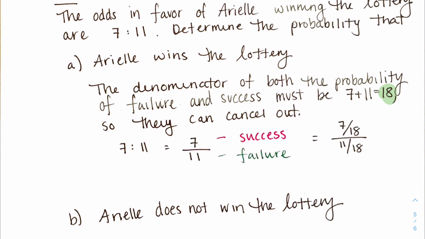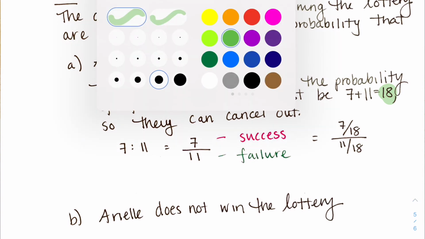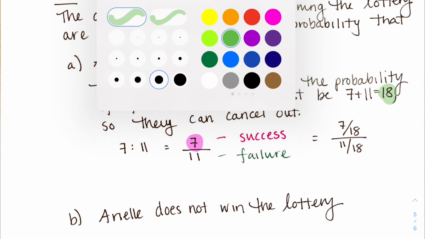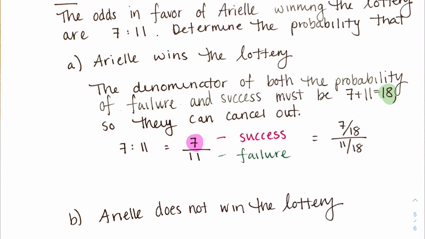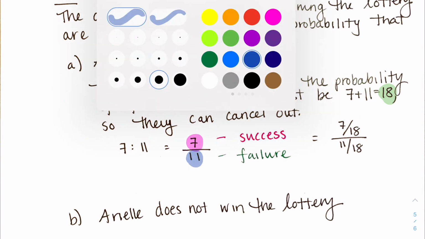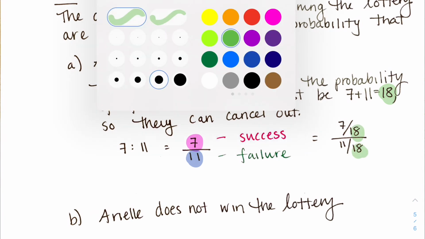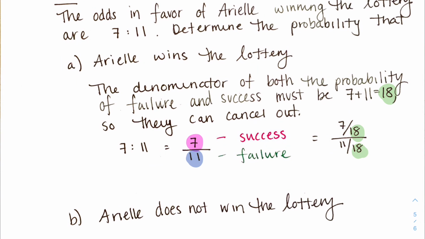So this was the odds in favor of me winning the lottery. So that means this top one is our success. This bottom one is our failure. So they have that common denominator of 18 for them to be able to cancel out. So the probability of success will be up top.